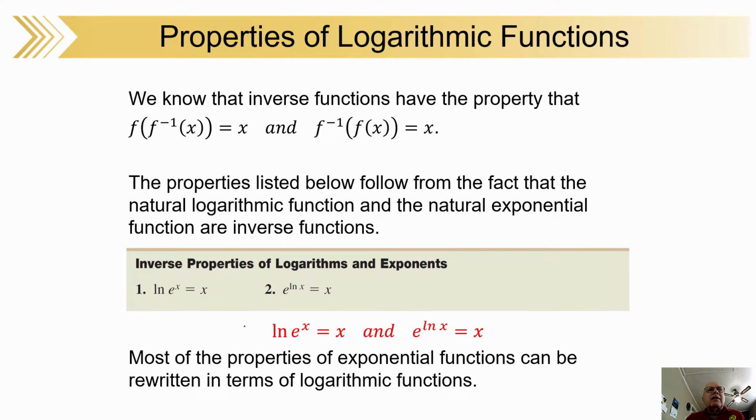You might find it handy, I'm not directly suggesting it, but it might prove handy if you just memorize this. Natural logarithm and e to some power are opposites. They're inverse operations. You can do it both ways. Either way, you end up with the original number again. Keep that in mind.